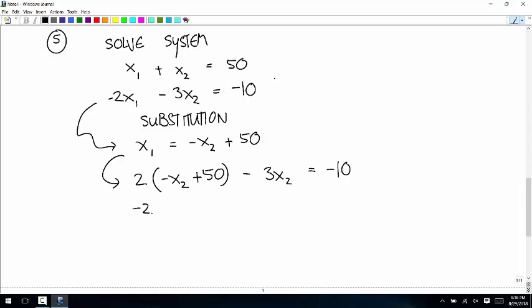So we have negative 2x2 plus 100 minus 3x2 is equal to negative 10. I'm going to subtract 100 from both sides. So we have negative 2x2 minus 3x2 is equal to negative 110.